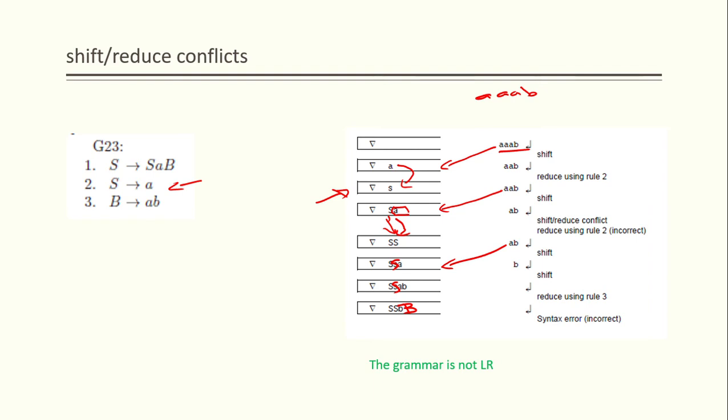Because of this conflict, you actually can choose whether to shift or to reduce at some point in the stack. Like in this case just now, SSA, you can choose actually to reduce, but in this example, they shift it to become AB. So there is a conflict there. So you don't know actually which one will get to the accepting state. So there is a grammar that causes a shift reduce conflict.